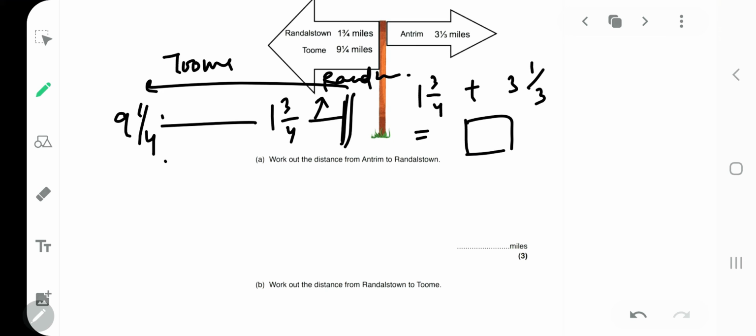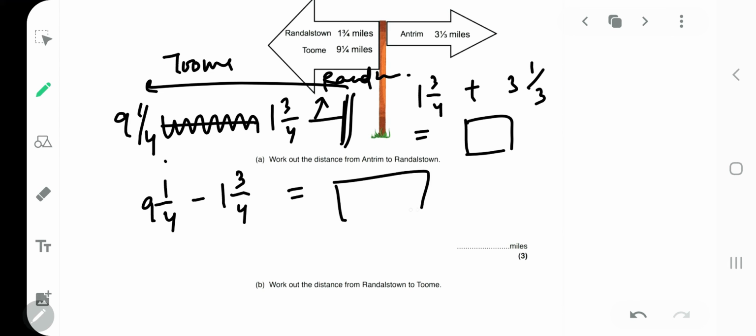So in a way you have to calculate this distance. How will you calculate? You will subtract 1 3/4 from 9 1/4 to get the distance between them. Again, you have to convert your mixed fraction to improper and then take the LCM.